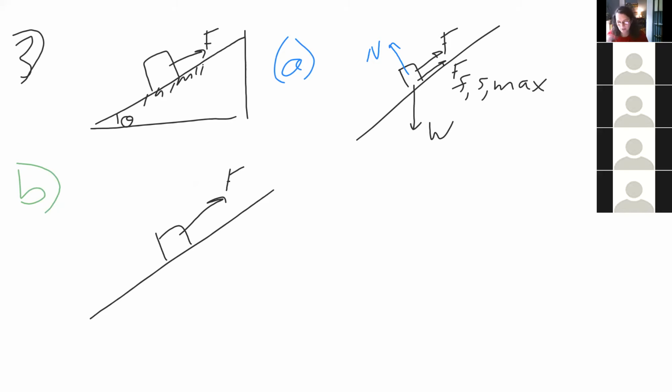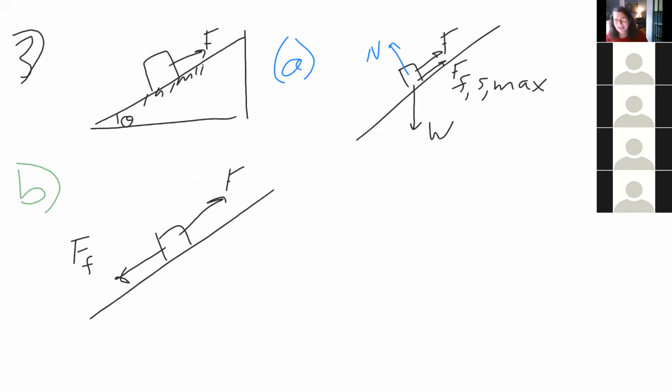So before, in part A, the applied force was simply keeping the sled from sliding down. Now we want to apply such a great applied force that the sled is just about to start moving. That means that the direction of the impending motion is up the incline. That means that our force of friction is going to be down the incline.